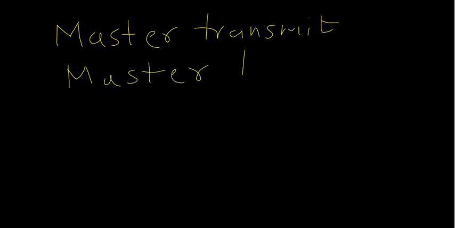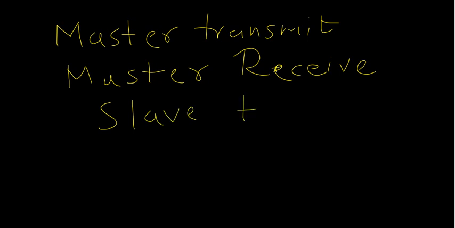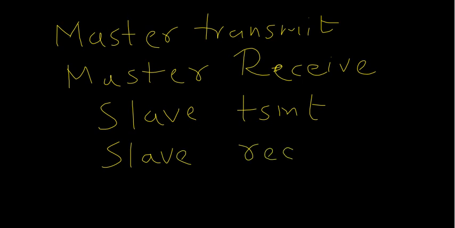Again, the analogy is similar to what we had in the case of SPI, master and slave. Then you have slave transmit, then slave receive. Master transmit, master receive, slave transmit, and slave receive.